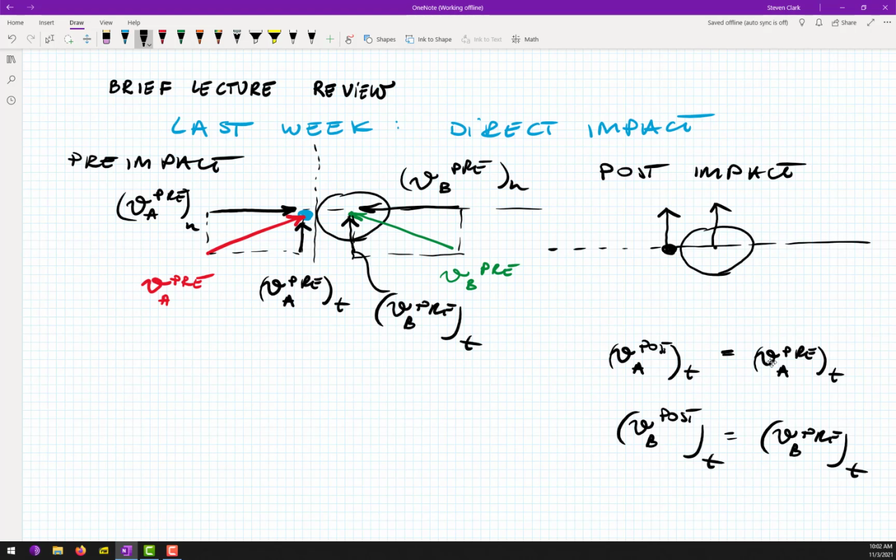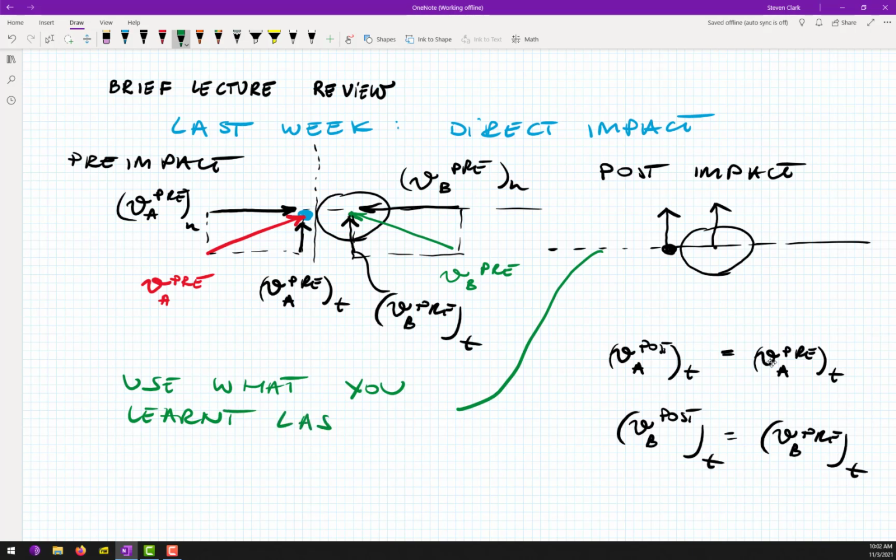In order to find what happens along that line, repeat our solution from Friday. Use what you learned last time. Okay, any questions?